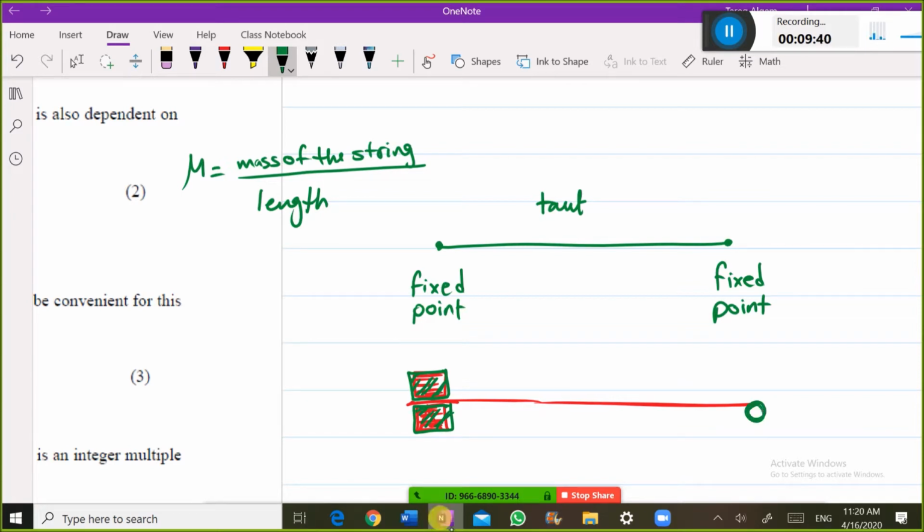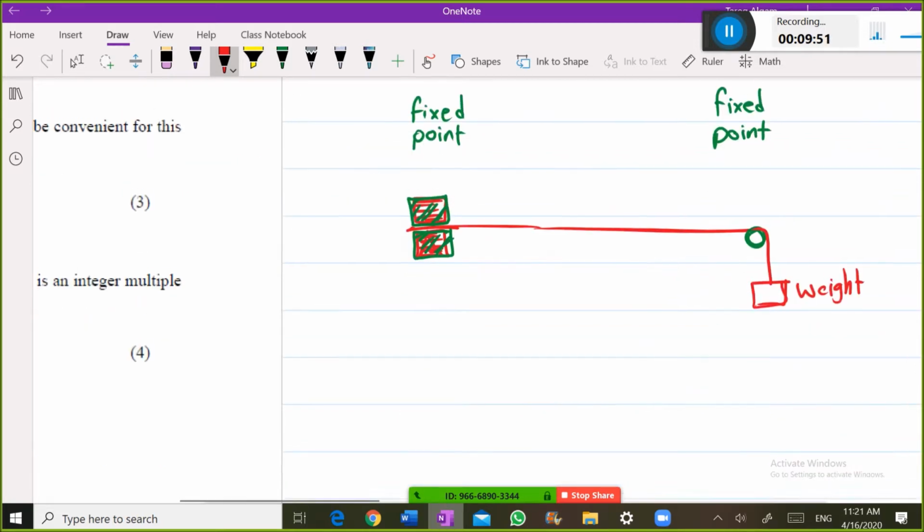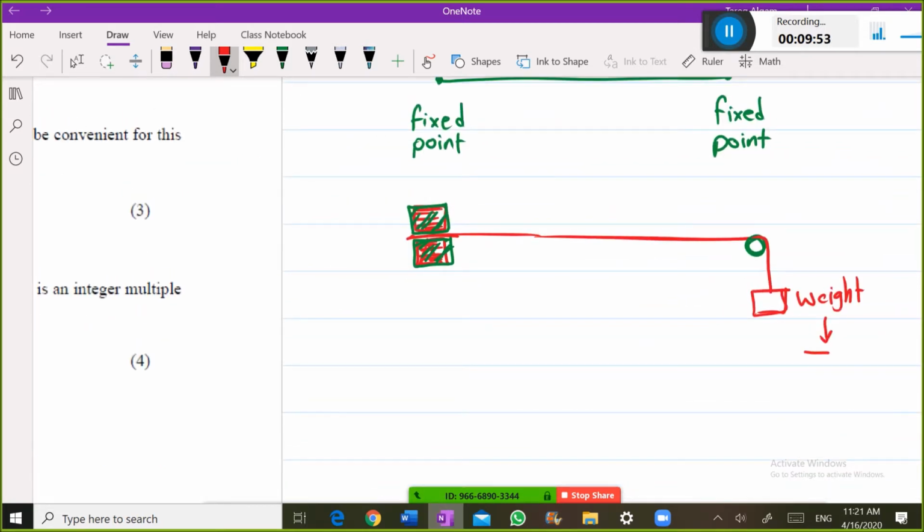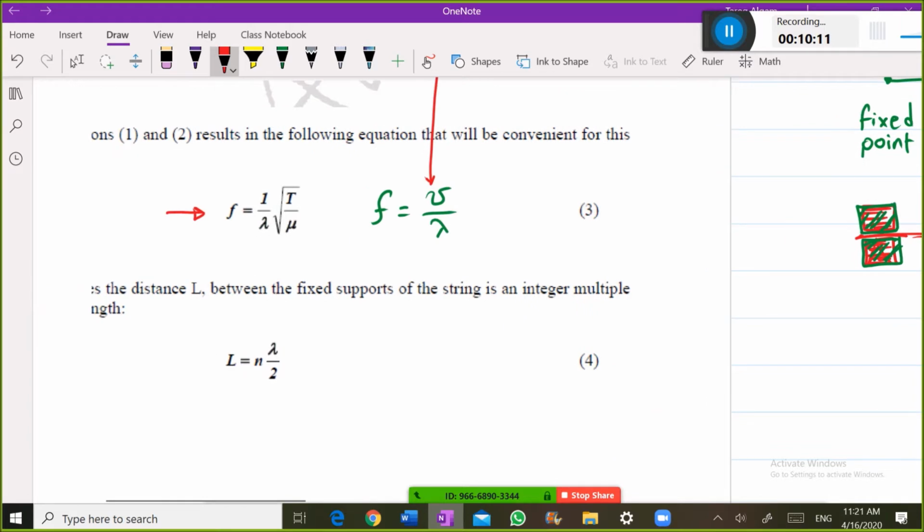And here we will have a pulley, and at the pulley we have weights. These weights that would be added here exert a tension on the string. As a result, the string becomes taut, so the standing waves can be observed if I disturb this string.